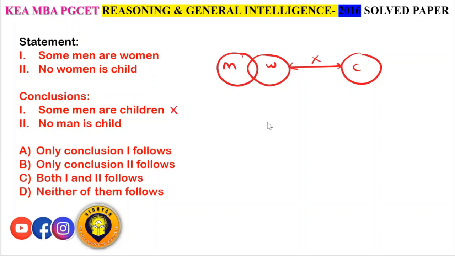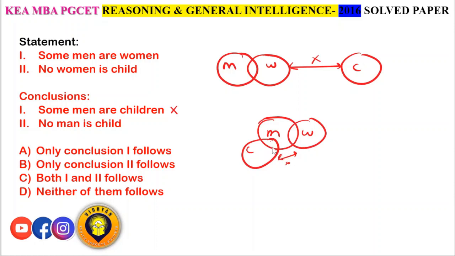See, you can draw the diagram like this. This was a general diagram, it doesn't mean that this is the only diagram. See how you can draw the diagram without changing the statement. Some men are women, correct? And no woman is child. That means the woman circle and children circle should not intersect, or should not merge with one another.